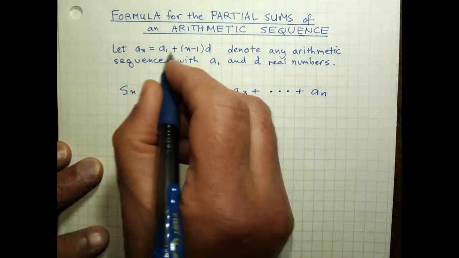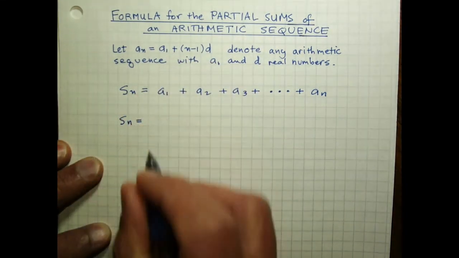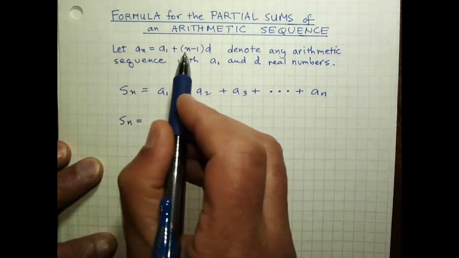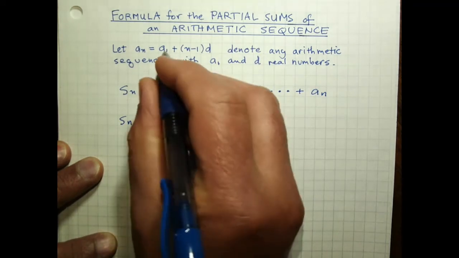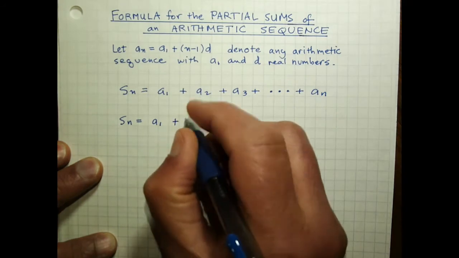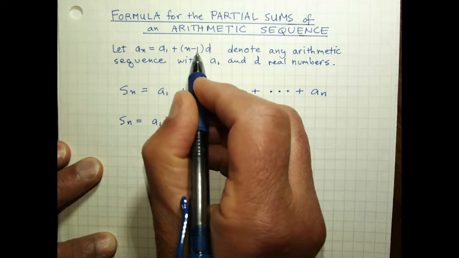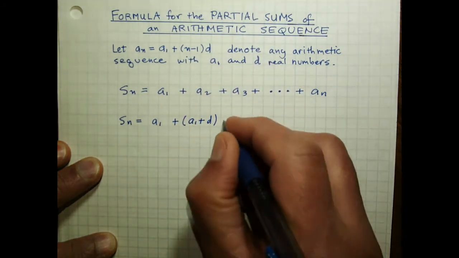Now, if we use our formula, we can express Sn as what I get when I plug in 1 for n. And of course, when I plug in 1 for n, I will just get a1 plus 0 times d. For a2, I will get a1 plus 2 minus 1, which is 1, times d. I just get a1 plus d.